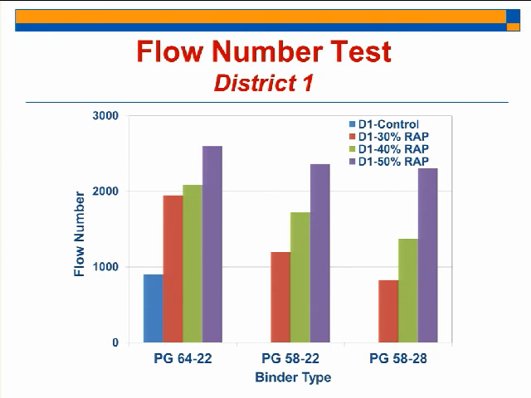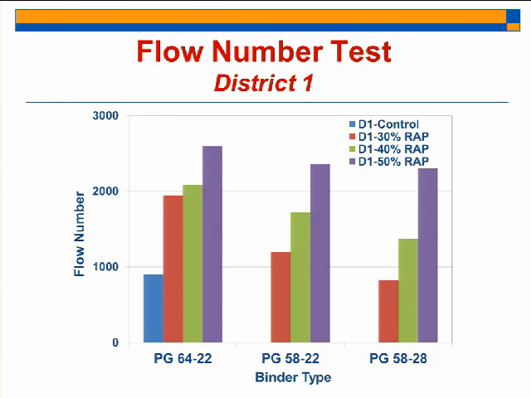We can also see the effect of binder bumping here, especially for 30%. It is most effective. As you can see, for single bump binder, we see a decrease in the flow number, followed by the double bump binder, and it almost matched the control mix here.